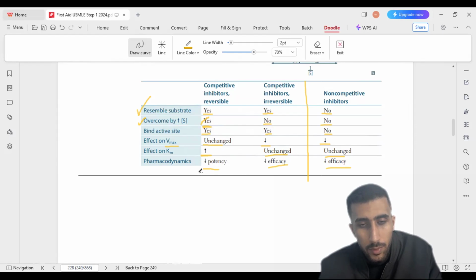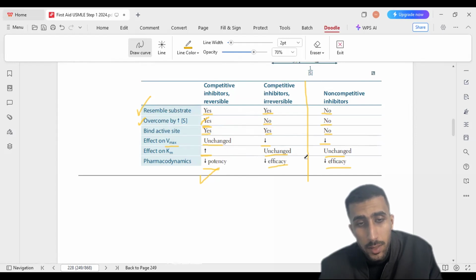That means you need more substrate or a greater amount to reach the Vmax. So this means a decrease in potency, which translates to an increase in the Km. The Km is the amount of substrate needed to get half Vmax, so an increase in Km means a decrease in potency.